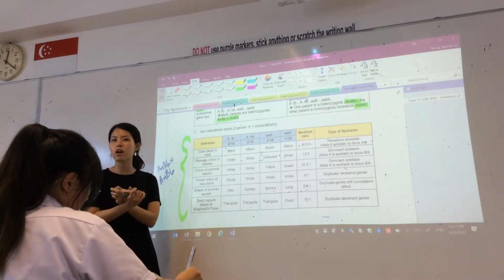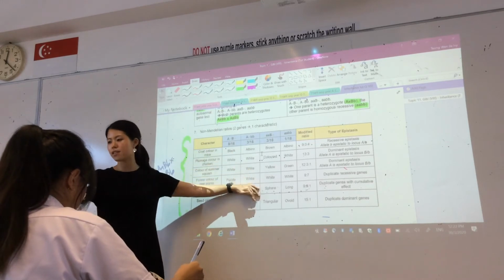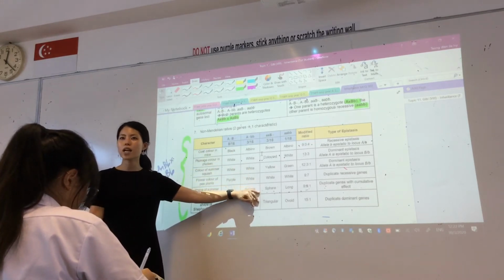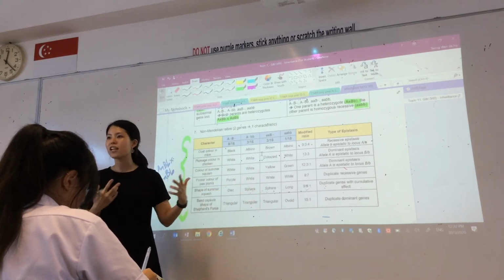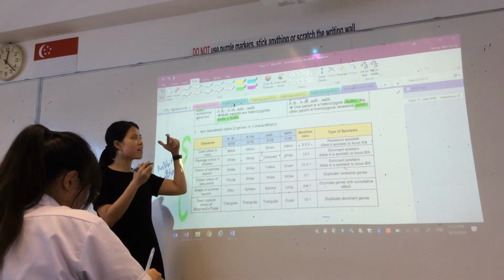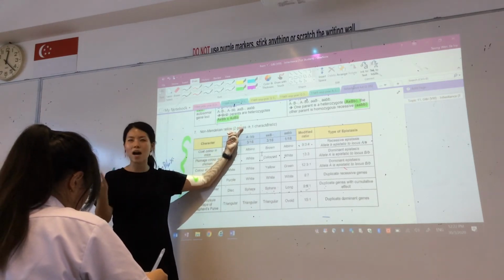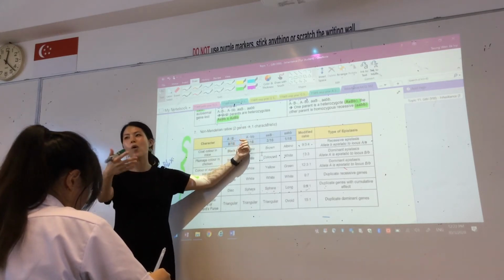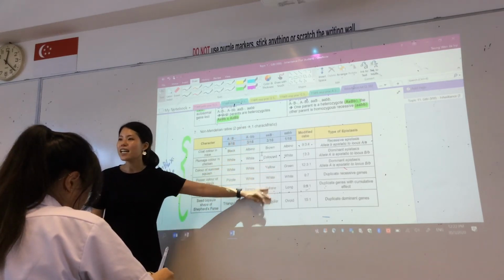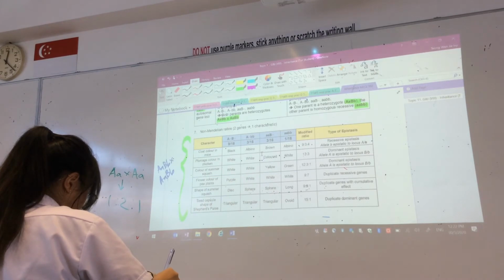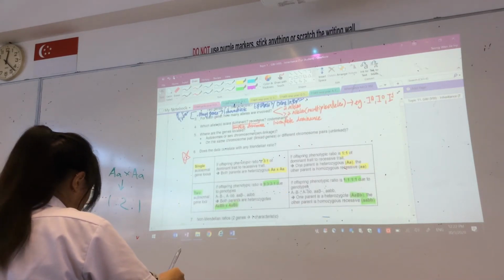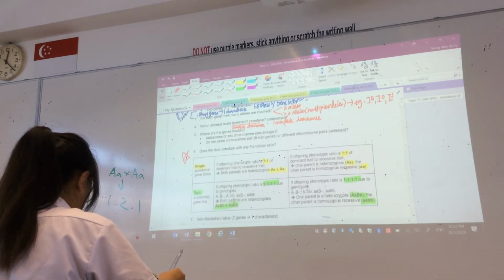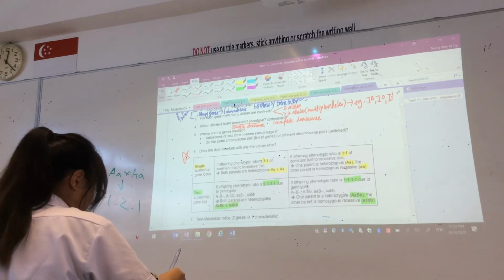Any other examples of non-Mendelian? Look at everything that we have said so far. What other things do you expect non-Mendelian? That means you cannot have expected ratios of 3:1, 1:1. Yes? Polygenic inheritance, okay. Sex chromosome, very good. If you have sex linkage, you don't get the expected ratio basically of all of these.